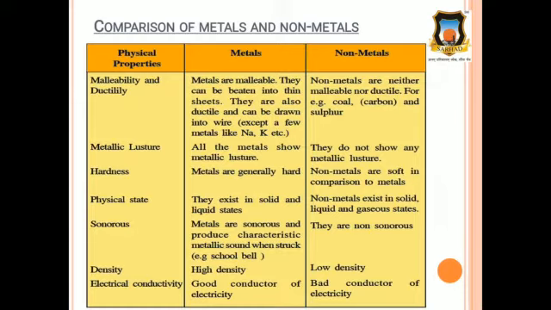All the wires used for wiring in your home are made up of copper and they can conduct electricity, while non-metals will not conduct electricity.